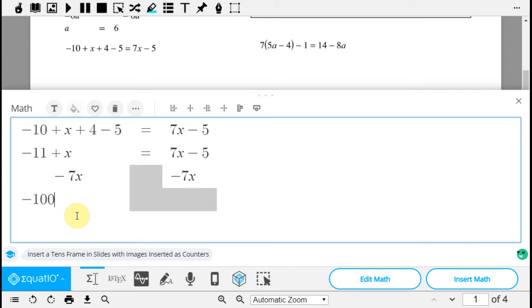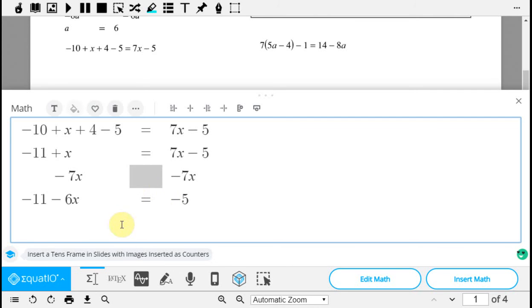Minus 11, 1 minus 7, there's more negatives, so there's negative 6x left over, equals the 7x and the negative 7x cancel, so we have a negative 5 left here.